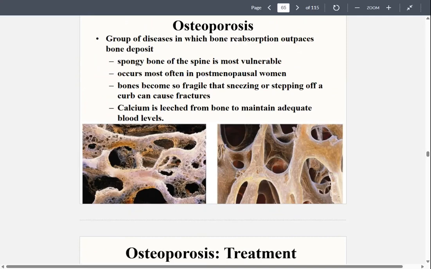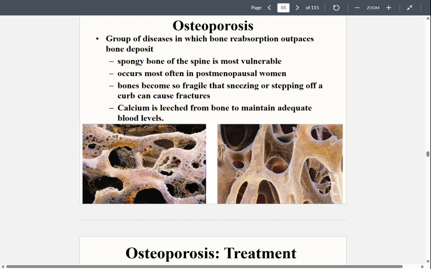They bump their hip against a table, and they get sharp shooting pain as they break a rib, the head of their femur, a vertebra, because the bones have become fragile. Not necessarily going to feel that until it's too late.